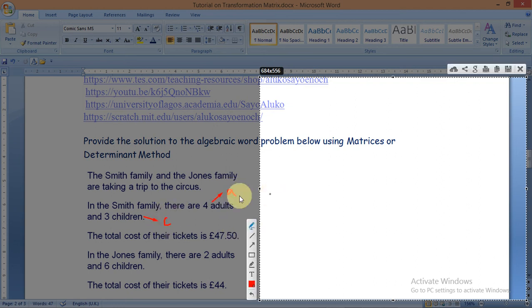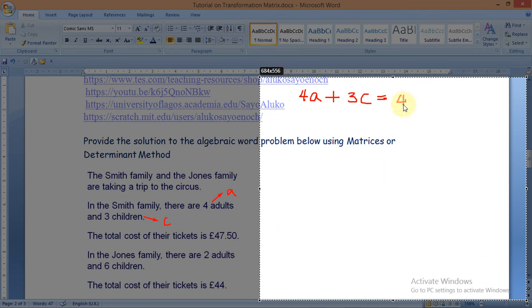The first thing I'm going to do is represent this as a system of linear equations. So there I have 4A, that is 4 adults, plus 3C, that is 3 children, equals 47. You don't need to put the unit there. 47 pounds or euro, guys, that's a cup of Milo.